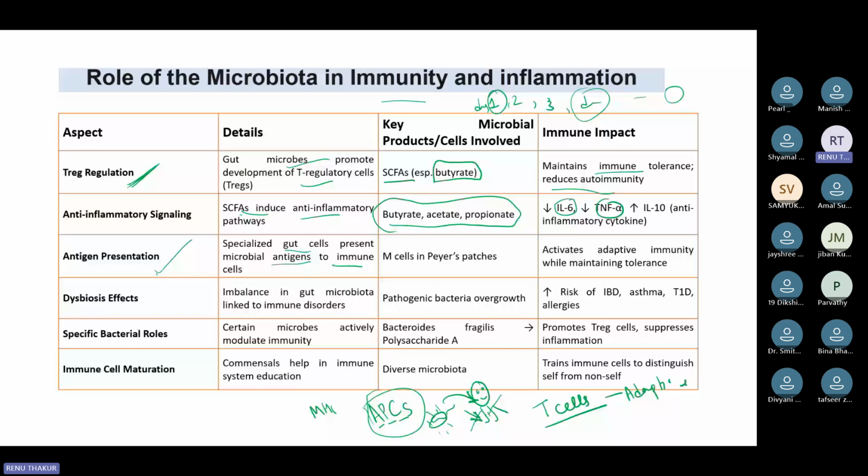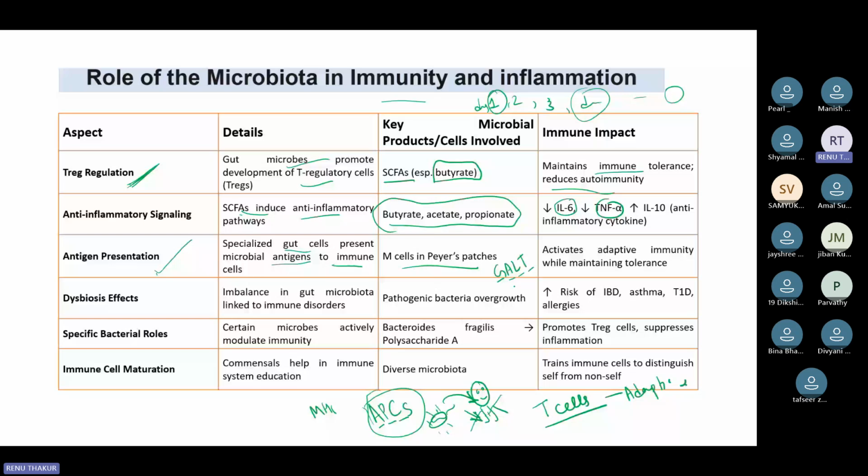So what is the key microbial product here? M cells in the Peyer's patches. M cells are specialized epithelial cells found in the follicle-associated epithelium of the Peyer's patches. That is the GALT. We already have gut-associated lymphoid tissue, which I taught yesterday.